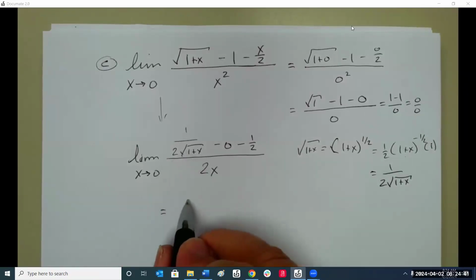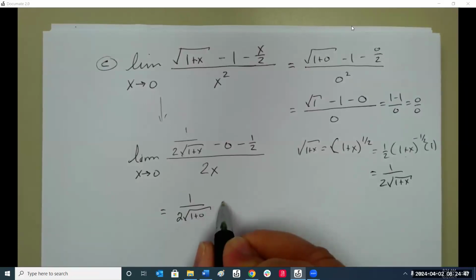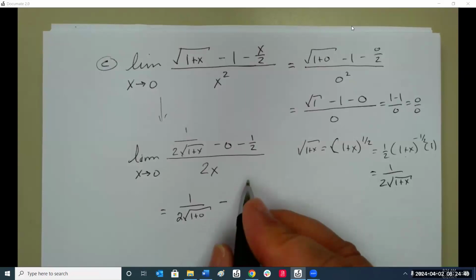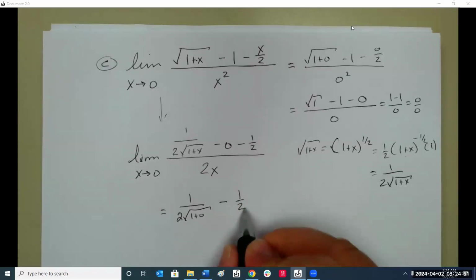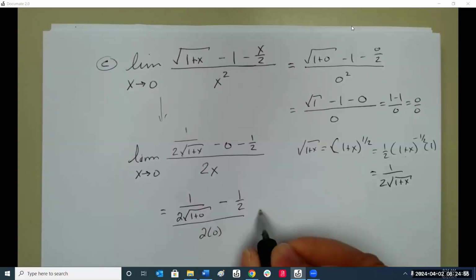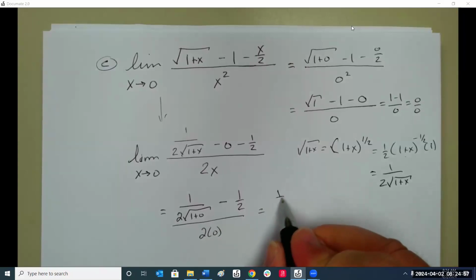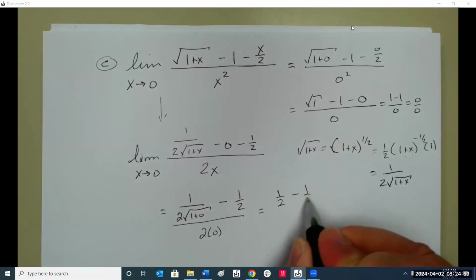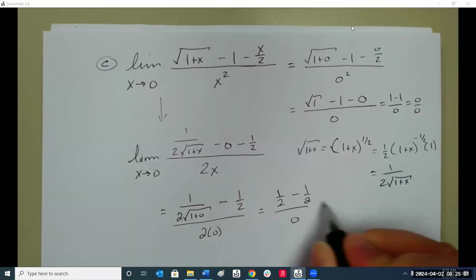Now plug in 0. 1 plus 0, minus 1/2, over 2 times 0. So it's 1/2 minus 1/2 over 0.